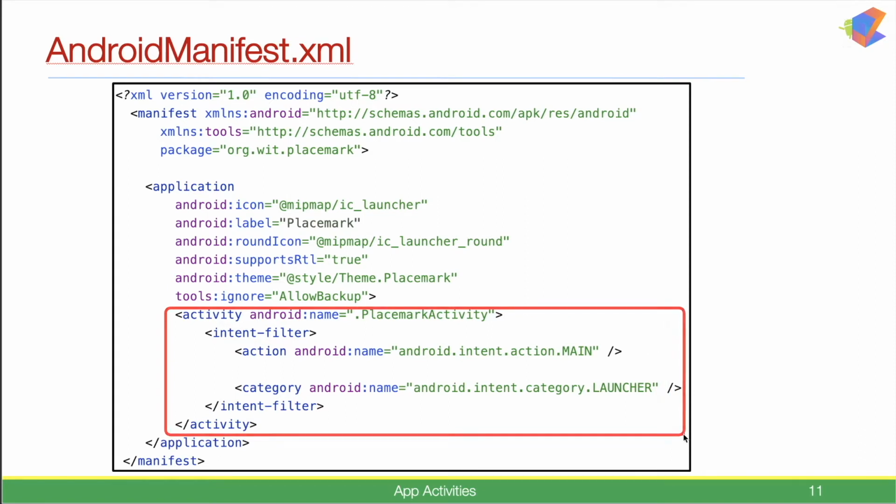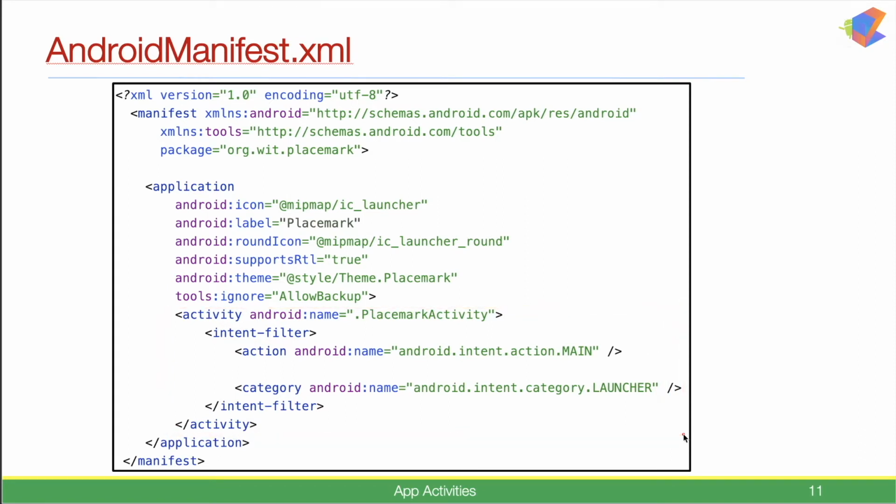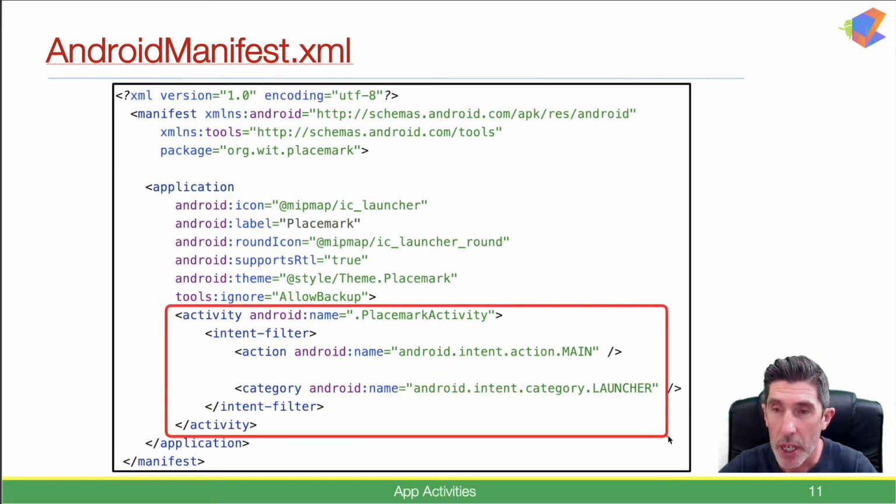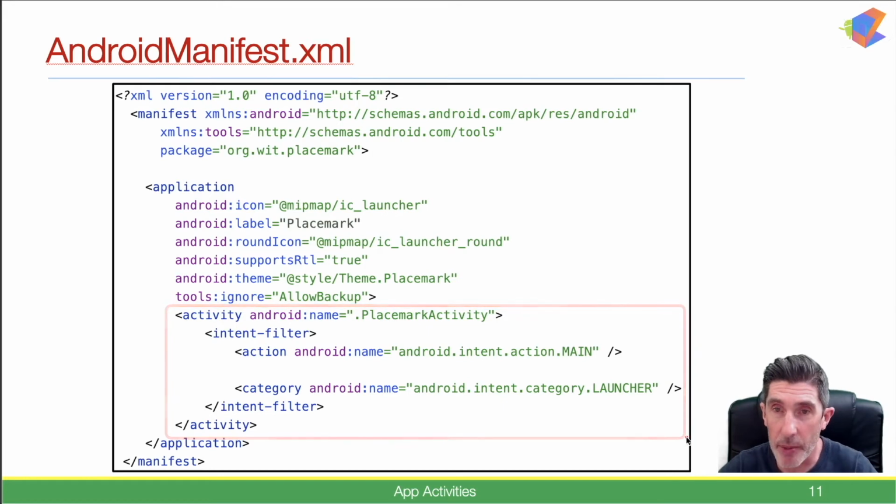Okay, so the way the security model works within Android is that you have to make sure that every activity that you want to be able to launch within the overall application has to be listed and referenced in the manifest file, in your AndroidManifest.xml, right?